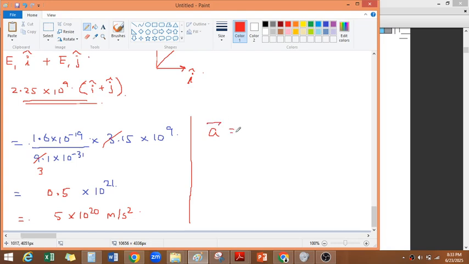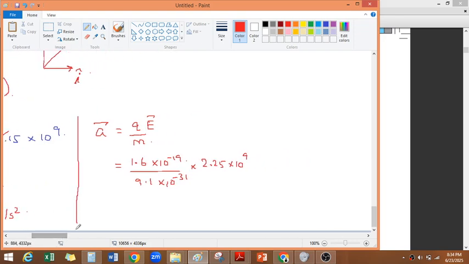So a vector is equal to q by qE vector divided by m vector. So q by m is 1.6 into 10 power minus 19 divided by 9.1 into 10 power minus 31, and E we found as this value, 2.25 into 10 power 9 (i plus j).